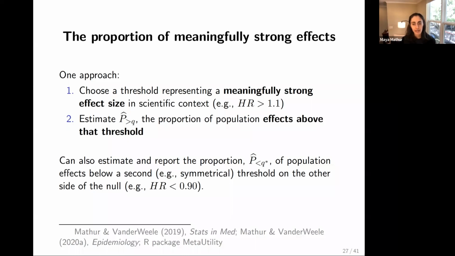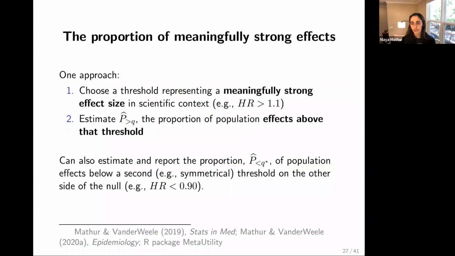We can then estimate the proportion of population effects that are stronger than that threshold. That is basically a metric of how much of this potentially heterogeneous distribution represents meaningfully strong effect sizes. We could also estimate and report the proportion of population effects that are below some threshold on the other side of the null.